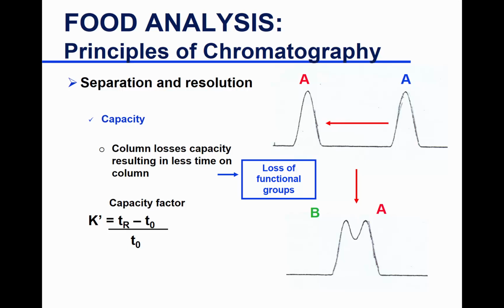And it is determined by the K prime, which is the retention time of the solute minus the retention time of your void volume, or the time for the solvent front, over the time of the solvent front. So as the retention time becomes closer to the solvent front retention time, your K prime becomes smaller. That means you have less capacity.